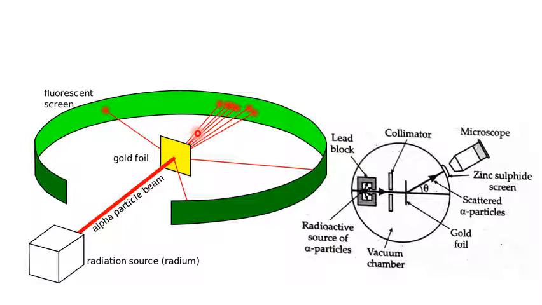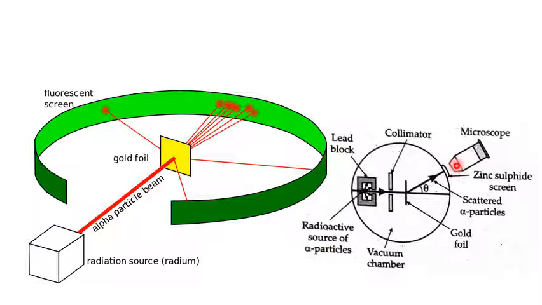To observe the scattered alpha particles, Rutherford put a fluorescent screen, that means every time an energetic particle strikes the screen, a light glows, or more specifically, they covered it with a zinc sulfide screen. Outside the zinc sulfide screen, they placed a microscope to observe this phenomenon.